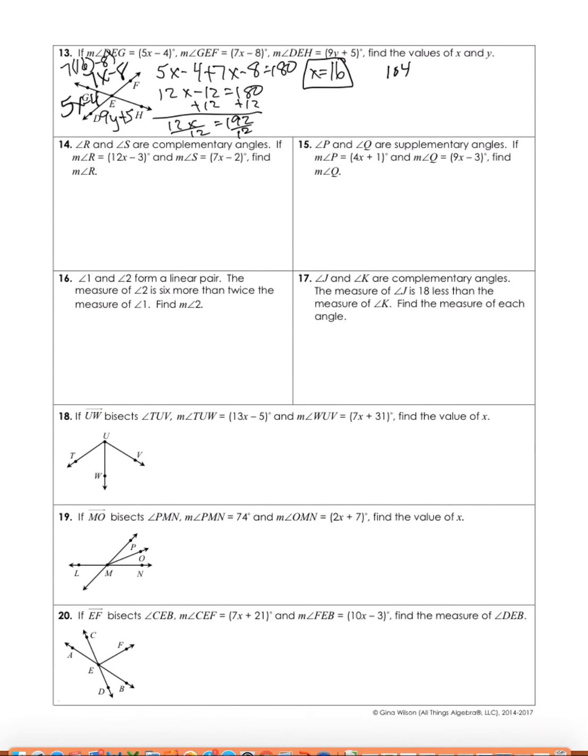And I know that this angle right here and my 9y plus 5 has to be equal because they're vertical angles. So I'm going to take this 104 that I just found and set it equal to 9y plus 5. And then I can subtract 5 and get 99 equals 9y. Divide by 9, y equals 11. So those are my two answers, 16 and 11.